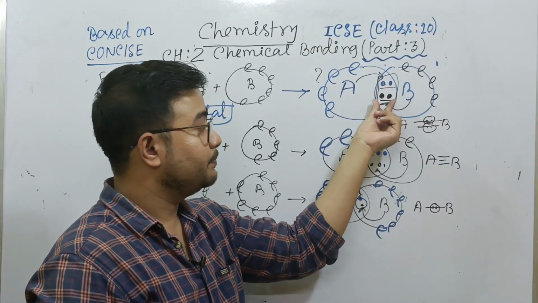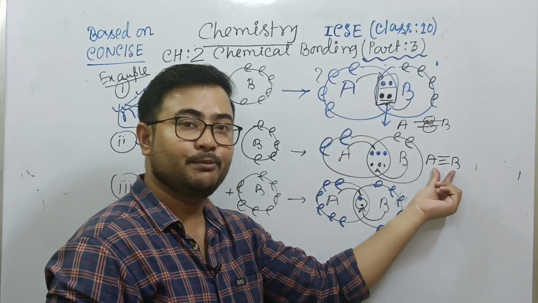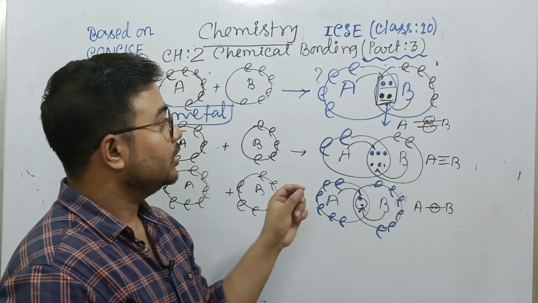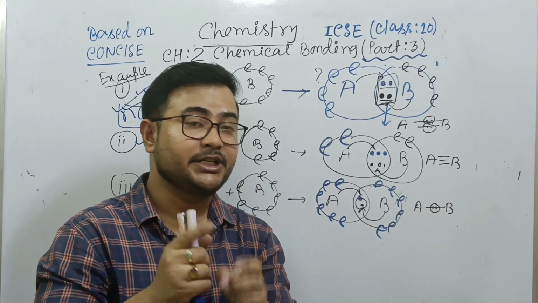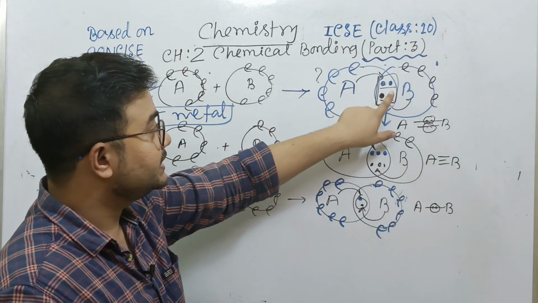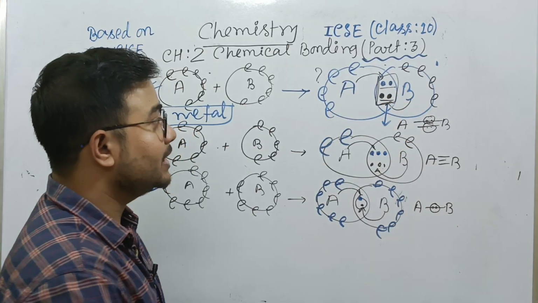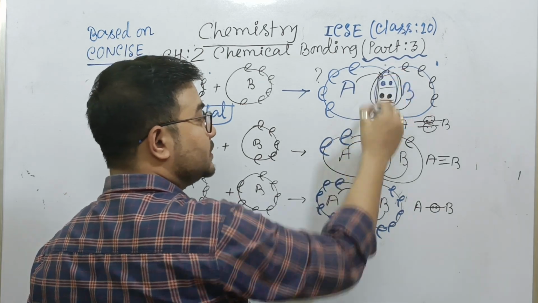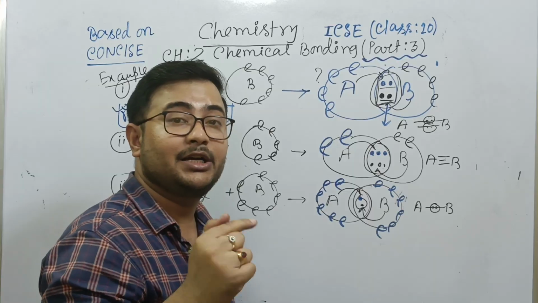Obviously this pair of electrons participated in bonding, and these 6 electrons participated in bonding. So it is called a shared pair of electrons. Give focus to the term shared pair. Why is it called shared pair? These electrons are shared by both the atoms A and B. So the electrons present in the common space are called shared pair of electrons.